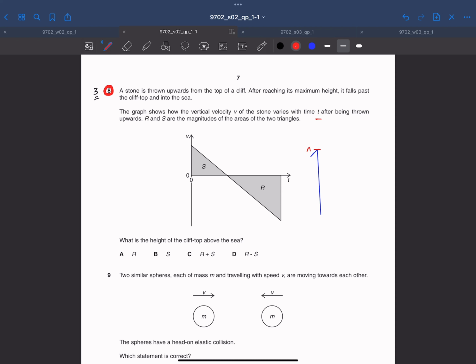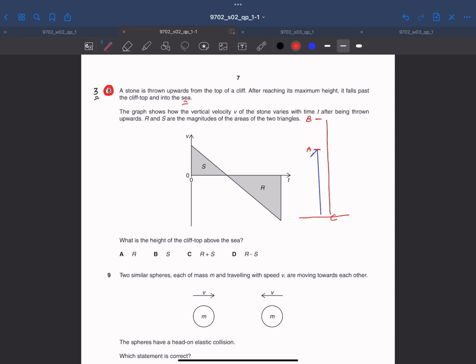So from this point, suppose A is going to B, and from B it's not stopping back at the cliff top, but is going towards the letter C. The graph shows how the vertical velocity v of the stone varies with time t after being thrown upwards. R and S are the magnitudes of the areas of the two triangles. So what is the height of the cliff top above the sea?